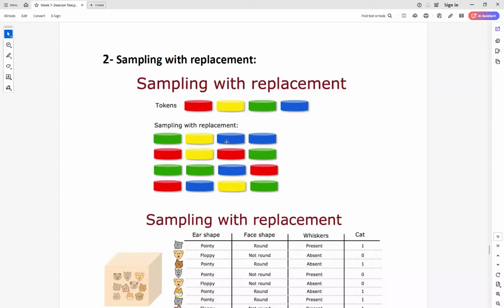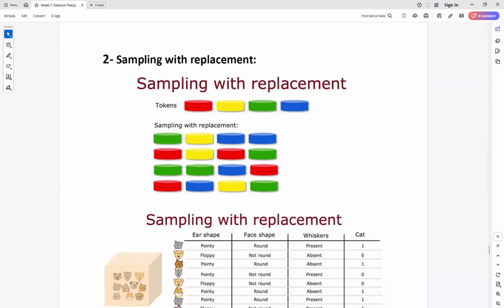So this is your sampling. The first one was green, the second one was yellow, and then the third and fourth ones are blue, right? It is called with replacement because after picking 1 token, you need to put it back into the bag and then pick another one. You should repeat it 4 times.